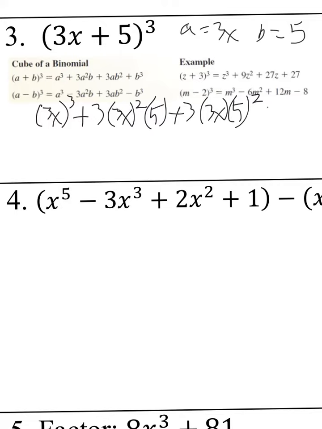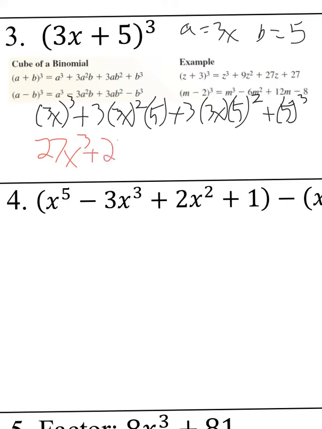Alright, and then it says plus b to the third, so plus 5 to the third. So as long as you have 3x in parentheses, you'll end up properly distributing that power, so that's going to become 27x to the third, not 3x to the third.